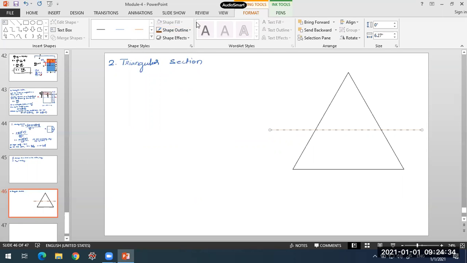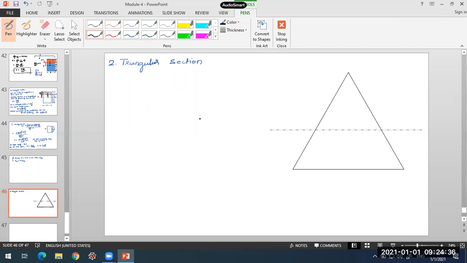So distance of this centroidal axis, what I have, first let me put these dimensions of the triangle. This base width is B, and this height of the triangle, it will be H. This is the height of the triangle, H. Okay, so this is the neutral axis, what I have marked here.